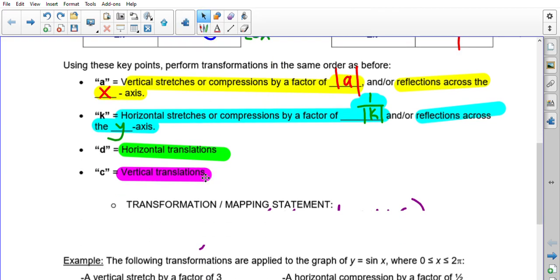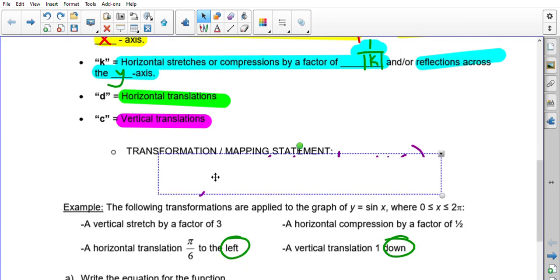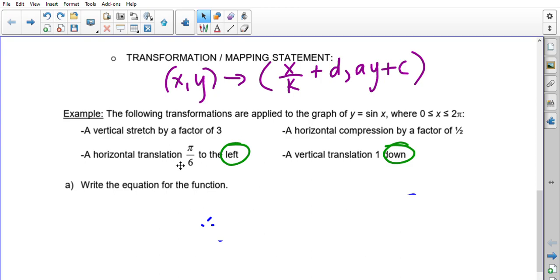So remember, if I ask you to transform using coordinate transformations, that means I expect you to use our mapping statement, which says (x, y) on the original becomes (x over k plus d, ay plus c). All right, it says the following transformations are applied to the graph of y equals sine x, where x is between 0 and 2 pi.